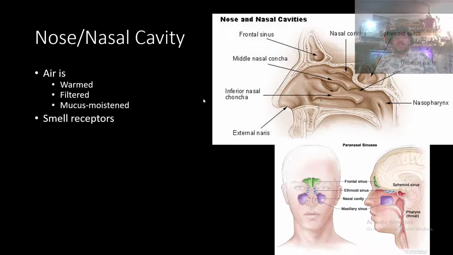At the top of the nasal cavity, you have the smell receptors. So they're going to be up in the top layer of the nasal cavity, which is why you tend to want to do a good inhale when you want to really smell something, so you can get as much air as possible up to the top layers of the nasal cavity.